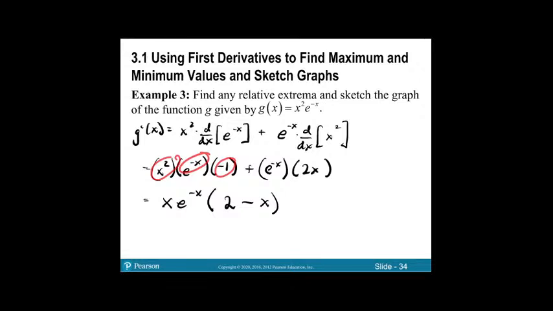If we want the critical values, we need to set this equal to 0 and solve, using the zero factor property: when things multiply to give 0, you set each factor to 0 and solve. So we get x equals 0.